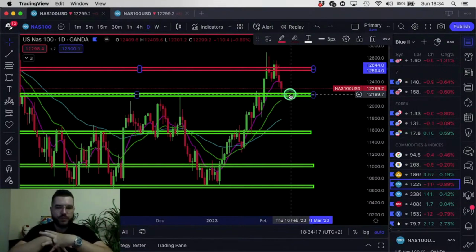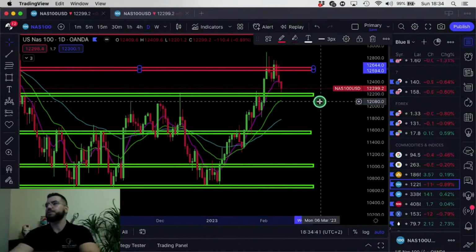My favorite one to use is the exponential. Why? Because it uses more current data than some of our other moving averages. You can use absolutely any moving average you like, or that suits your style of trading. But personally, the exponential moving average just falls into my style of trading and what I like to do.